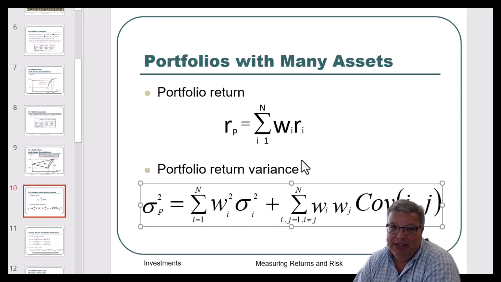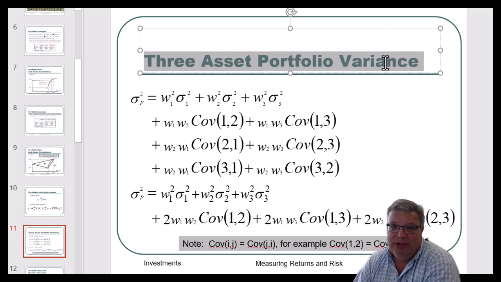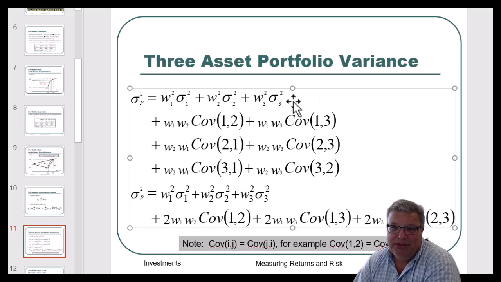You're not going to be responsible for these, so I'm going to move on. This is what it looks like for a 3-asset portfolio. And you can see here we've got 3 terms for each, but then also when we add how that security co-varies with all the other ones, we start getting a whole mess of terms.